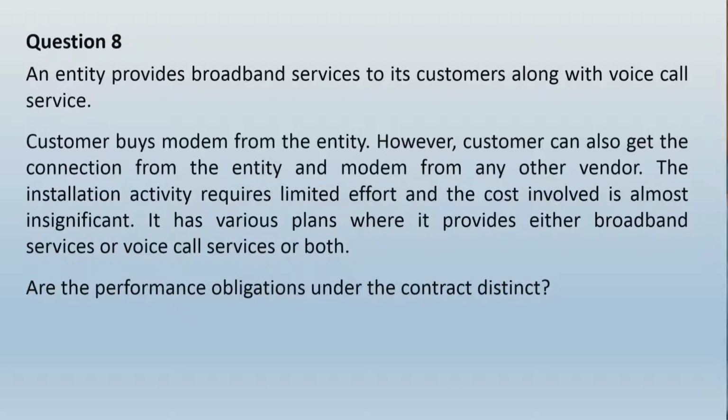The installation activity requires limited effort and the cost involved is almost insignificant. It has various plans where it provides either broadband services or voice call services or both. Are the performance obligations under the contract distinct?